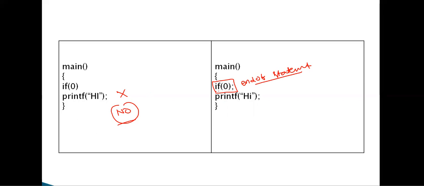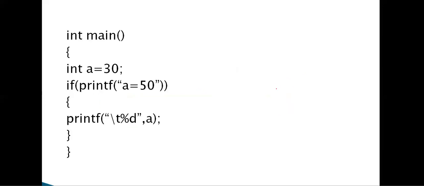That if is completely completed. The if statement is completed, then whether the condition is true or false, the next statement hi is printed. You got it? The printf statement does not depend on if. Why? The if is already ended with the semicolon. Got it?